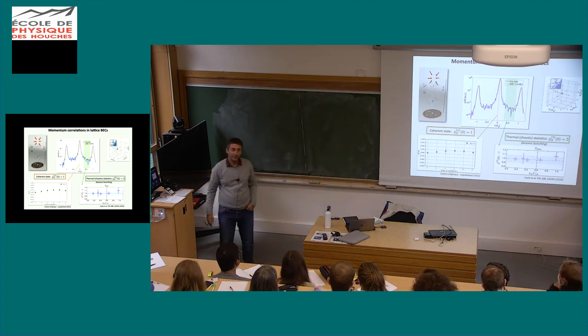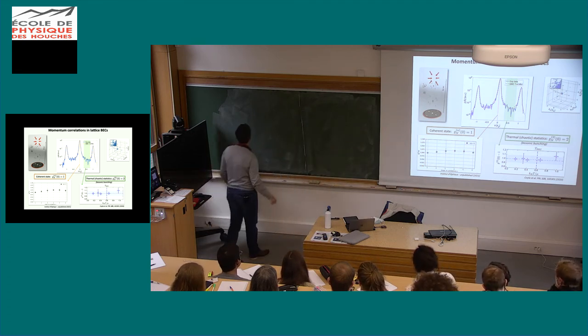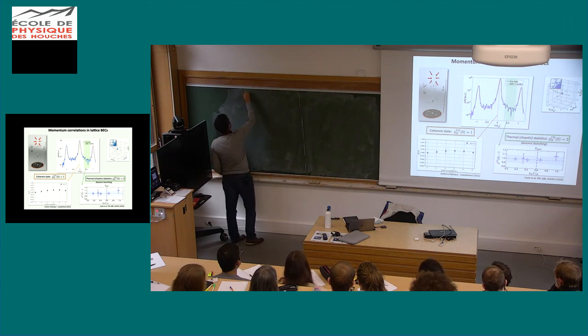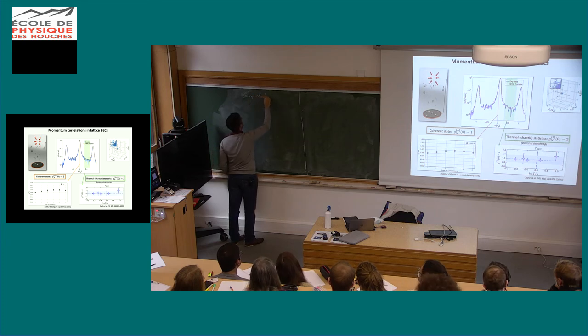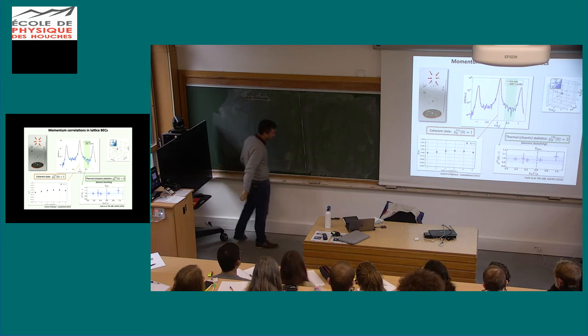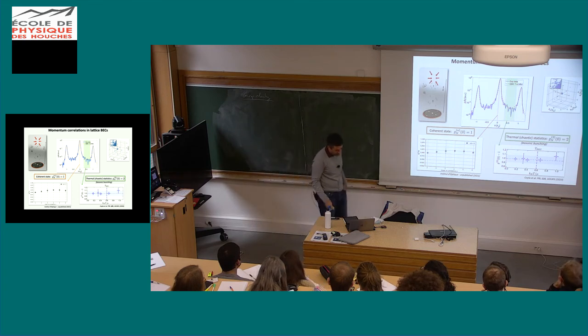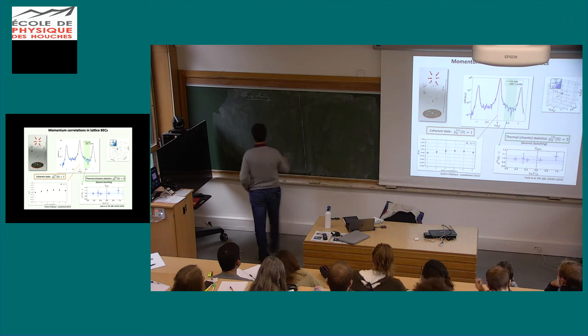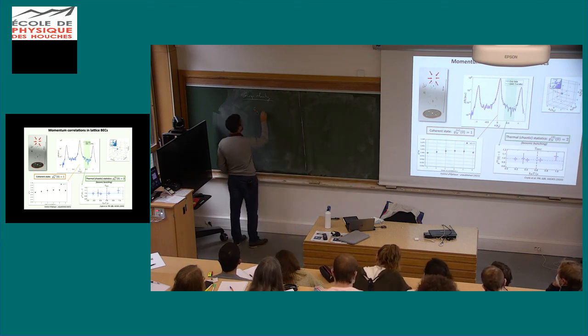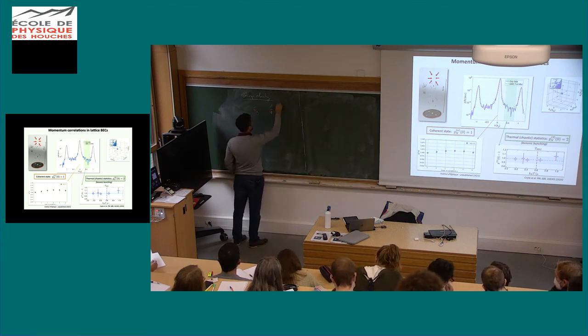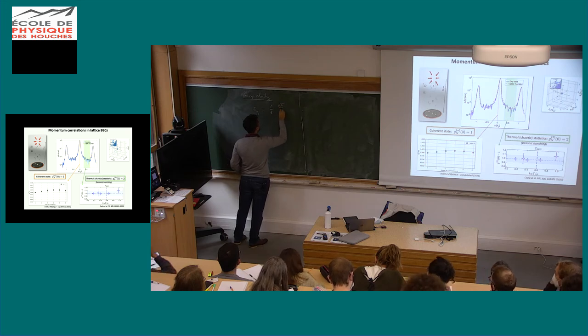So the other concept that we can also use in an optical lattice is the group velocity, which you will define exactly as you define it without a lattice. So it's 1 over h bar dE divided by dk.